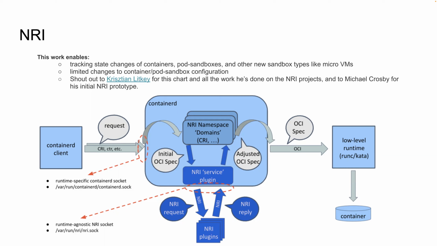I'd say the first version of NRI was very similar to CNI. It was using the same plugin approach where you have these binaries that you call out to, and each of those binaries is short-lived. You pass along a JSON structure. CNI has its limitations because of that, and execing out every time you start a container isn't necessarily the most performant approach.